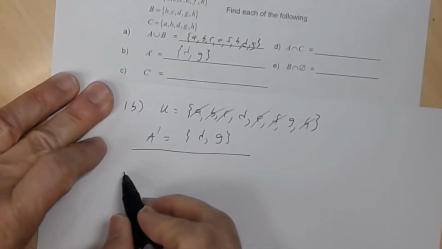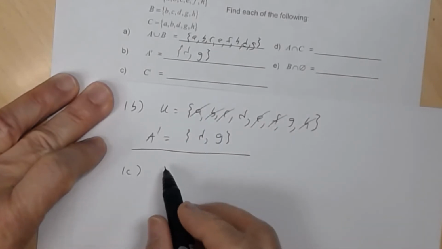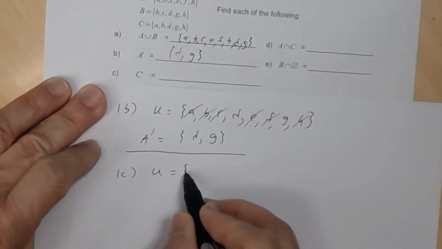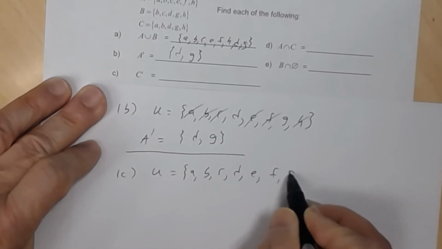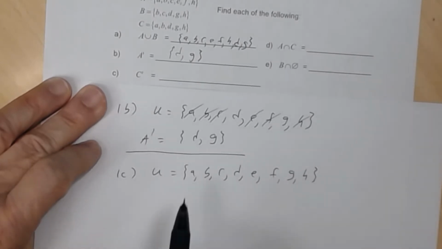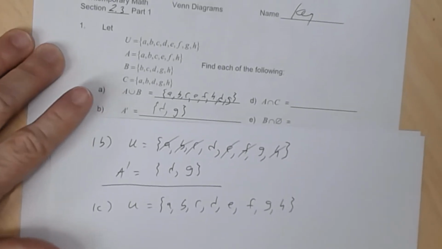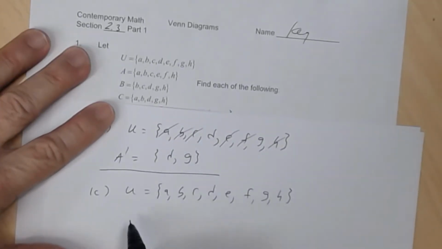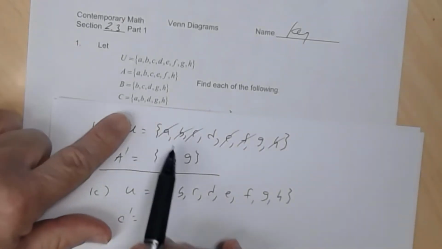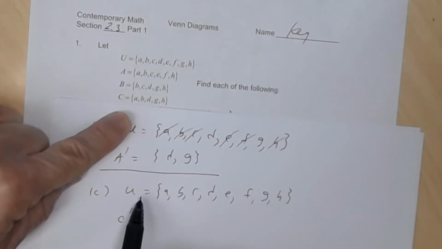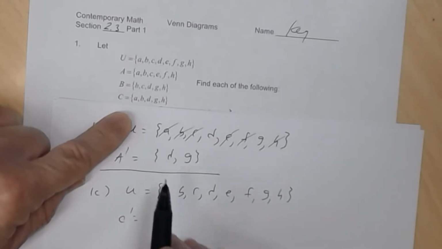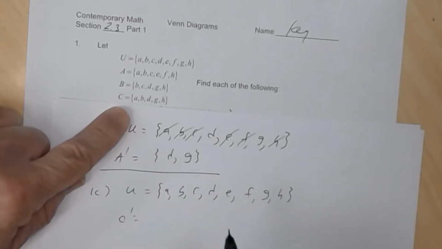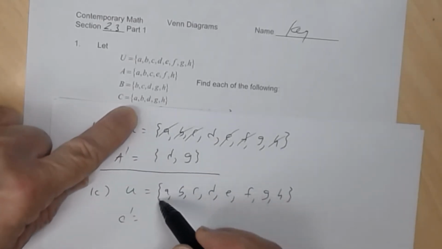Now C complement. Same thing, so let's look at the universal set. Here's my universal set again: A, B, C, D, E, F, G, and H. So C complement would be the set that's your universal set minus the elements in C. A's in C, I've got to take it away.